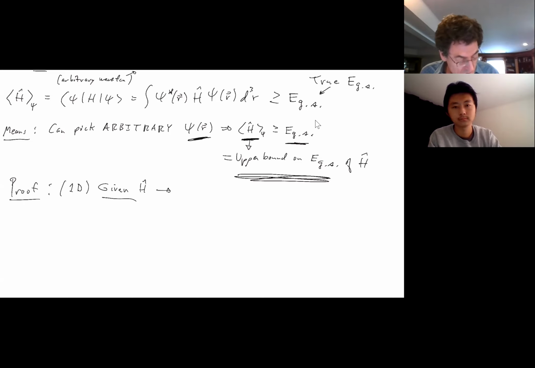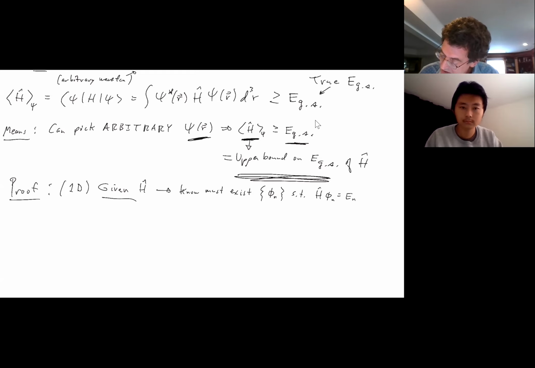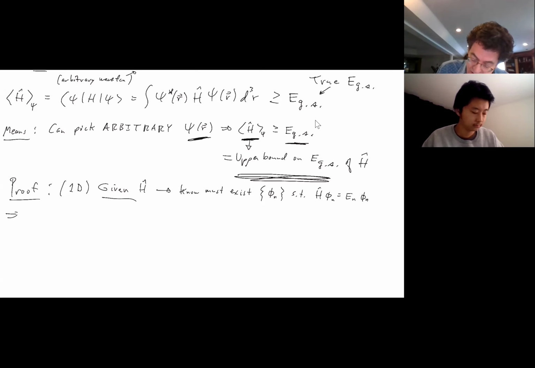Then we know that there must exist some eigenstates, I'll call them phi sub n, such that H phi sub n is equal to E_n phi sub n. Even if we don't know what they are, we know that they exist. Okay, and so then let's calculate the expectation value of the Hamiltonian.